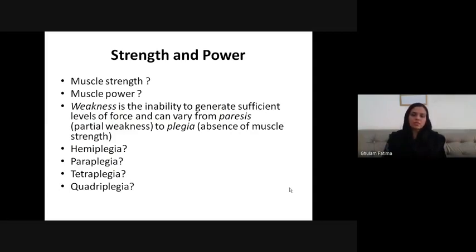This term plegia is very familiar to you, and the further terms hemiplegia, paraplegia, tetraplegia, quadriplegia, all are explanations of the type of plegia the patient can have. I would further like you to answer what is the difference between hemiplegia, paraplegia, tetraplegia, and quadriplegia, and this will be an indication of your participation in this lecture.